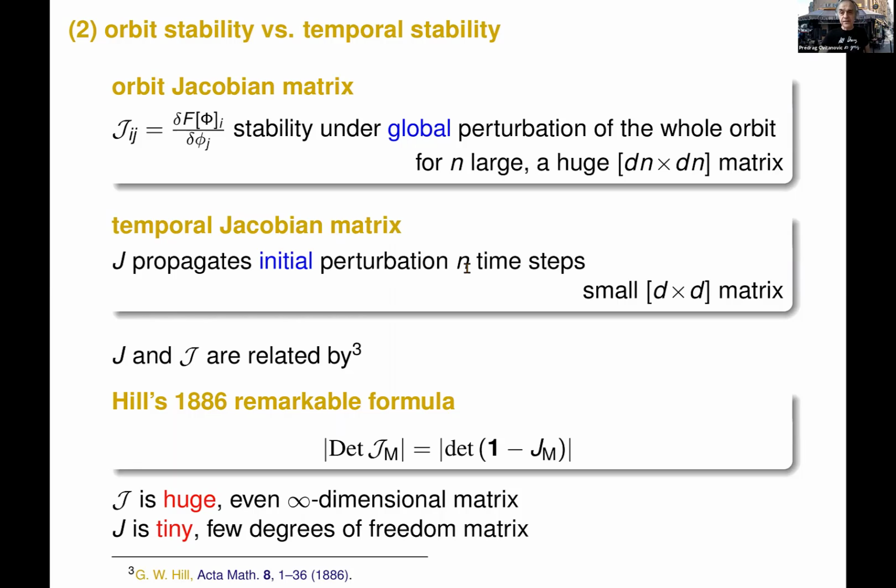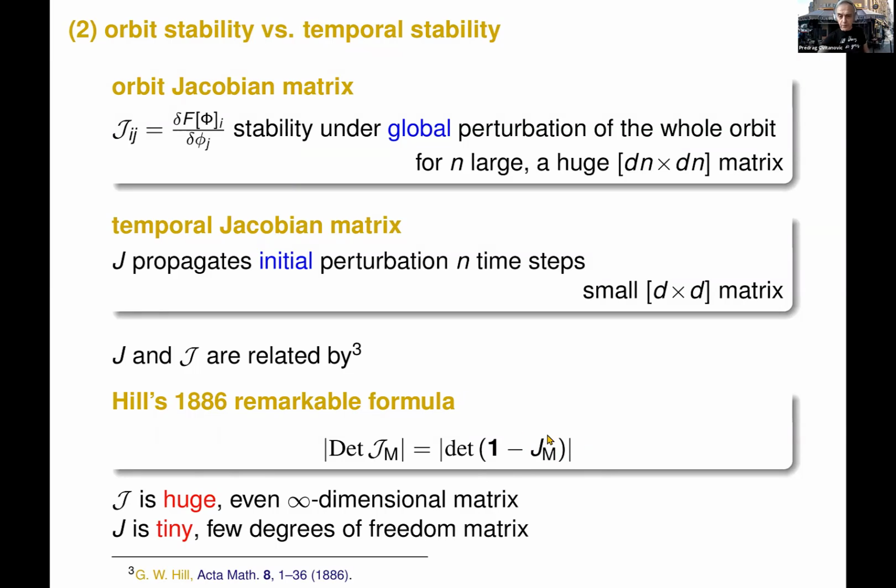Hill in 1886, an American astronomer who left Yale because he didn't want to teach stupid undergraduates and did this at home, perturbations of the moon. He wrote this amazing formula which says the determinant of the perturbation of an orbit, every place along the orbit, is the same as the determinant of 1 minus J_M, where J is a little thing moving forward in time.